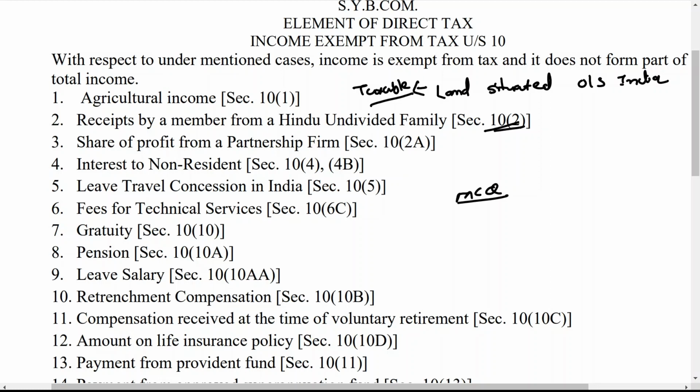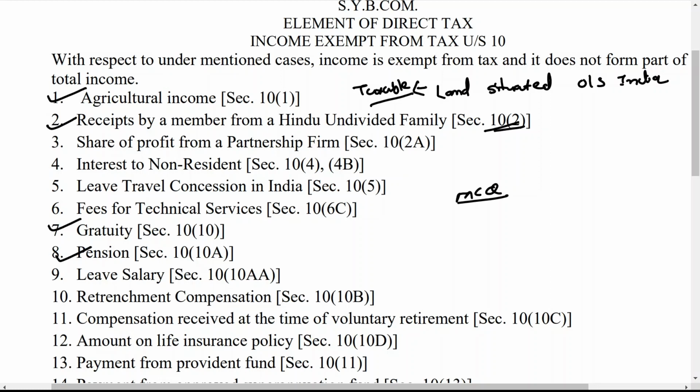Now one MCQ can be like: which income is exempt to avoid double taxation? Various options are given, like agricultural income, gratuity, pension, and receipt by a member from a Hindu undivided family. So what is your answer? Receipt by a member from a Hindu undivided family, because it is to avoid double taxation.